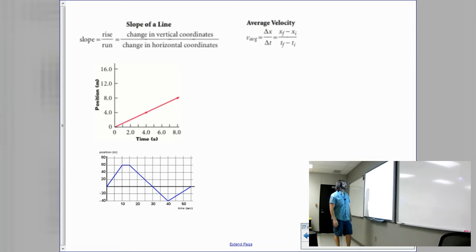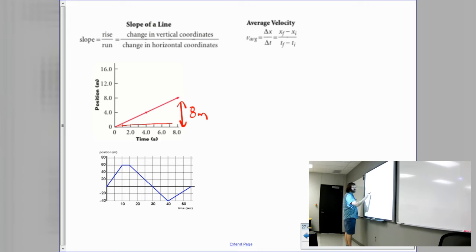So let's take a look at these two graphs that I had earlier, and let's take a look at those slopes and figure out what they are. The red position time graph is fairly simple to find the slope. My change in vertical components, the rise, is 8 meters.